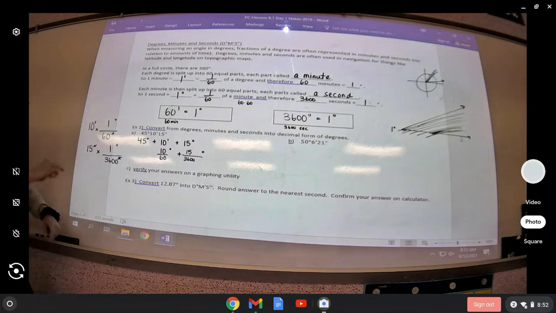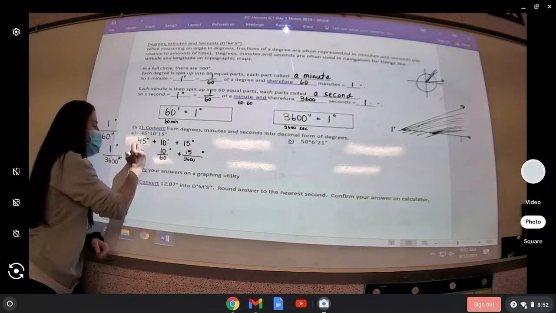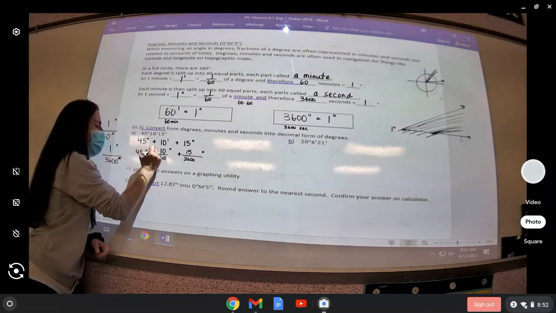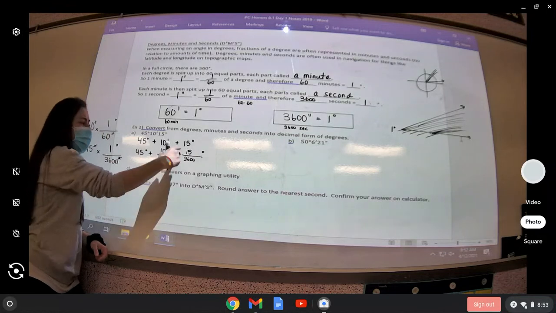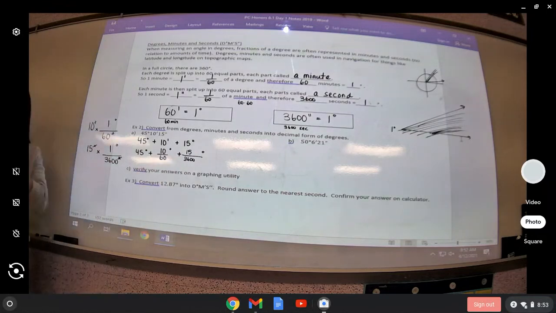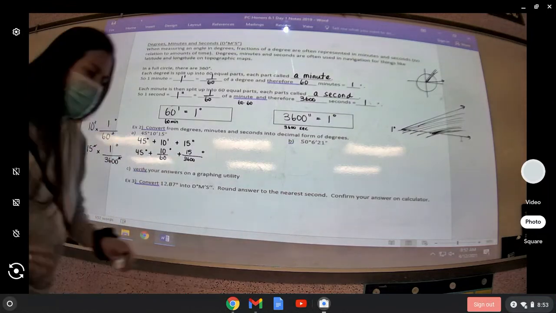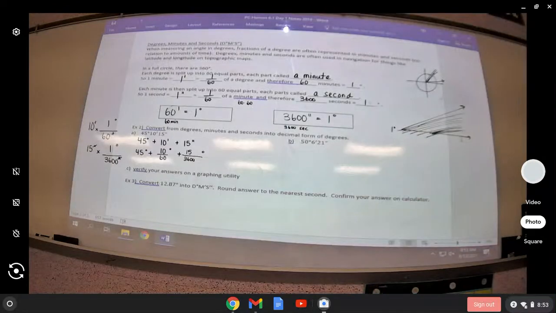So guys, all you have to do is ask your calculator to do this. Do 45 plus 10 divided by 60 plus 15 divided by 3,600, and it's going to get you a decimal. I might be able to bring this up on my screen. Just ask your calculator what that is.